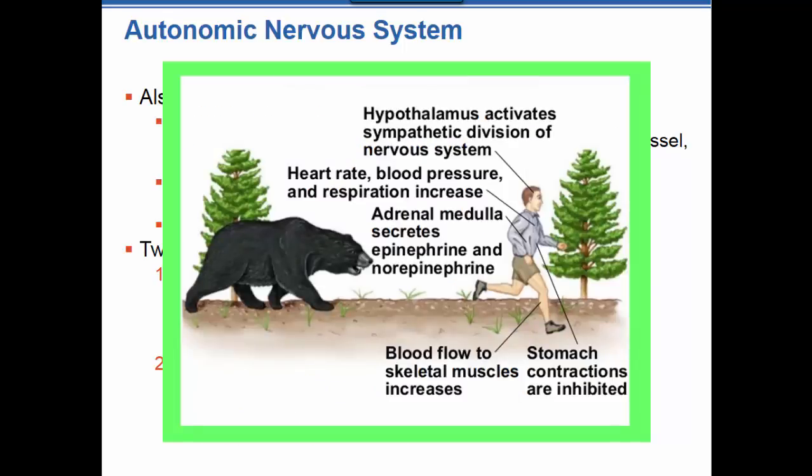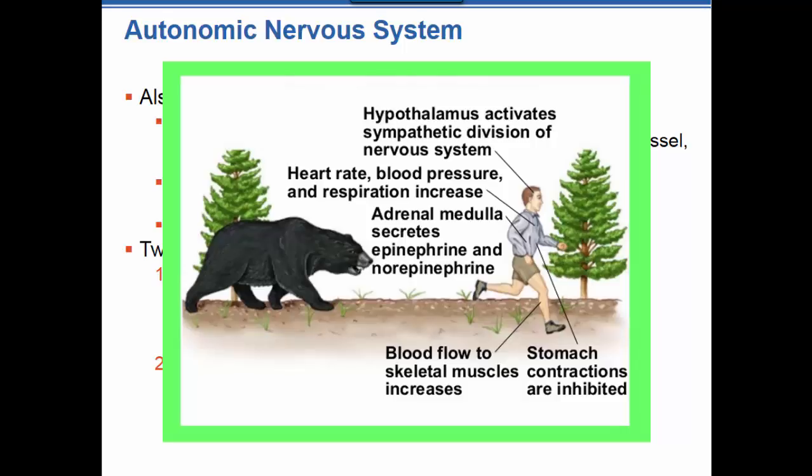So in this picture here, you can see that flight is happening, right? So this individual is being chased by a black bear. So we are under emergency sympathetic response right now. So the hypothalamus is one of the parts of our brain that controls this autonomic response. So the hypothalamus here is activating the sympathetic division of our nervous system, which is going to cause an increase in heart rate, an increase in blood pressure, an increase in respiratory rate.